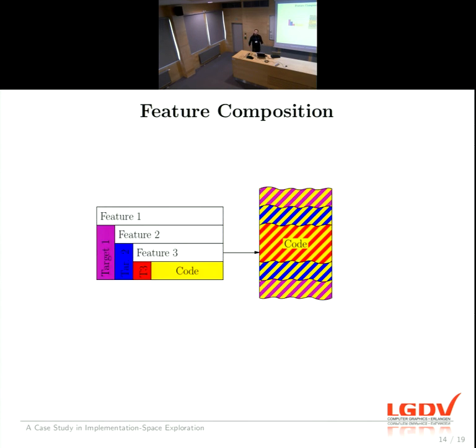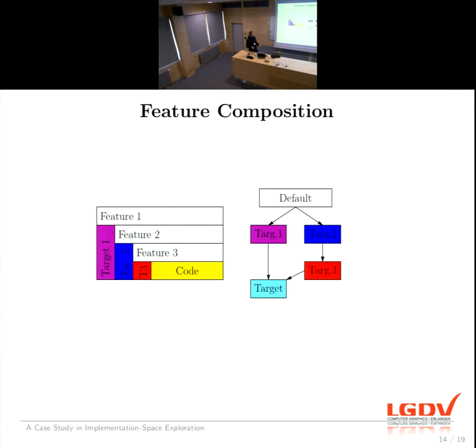The next step is that we introduce different layers and combine features with features, and then we can nest them and we get our resulting code. Now we have different features with different implementations, with different expansions. So we use different targets. But in fact, our targets can be derived from each other. And the final step is to derive one single target from every target and use it globally in one point.